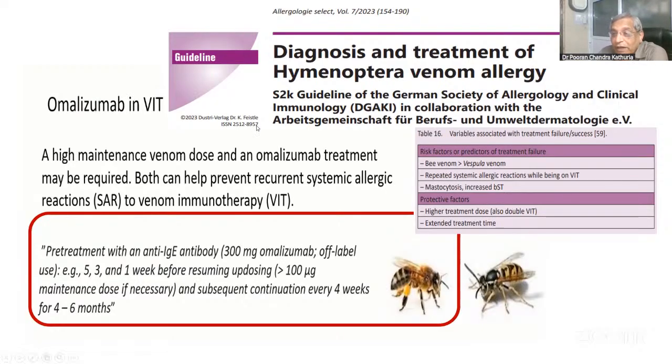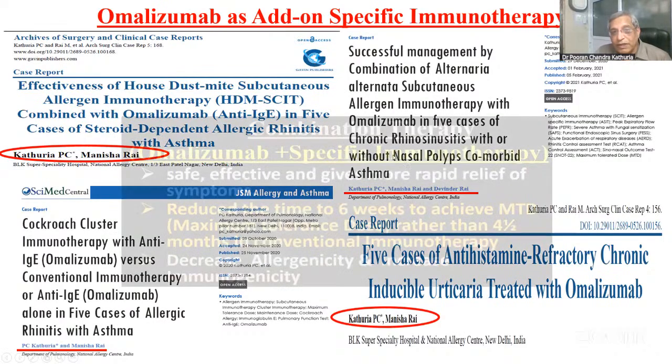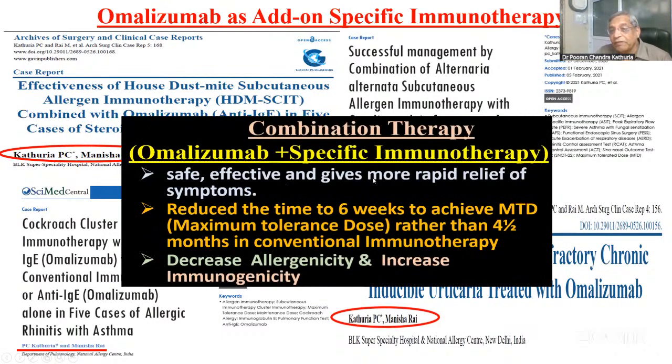If you combine allergen immunotherapy with a biological, adverse events are fewer and one can achieve the 100 microgram dose of venom immunotherapy. We have done a case series combining both, and we found it safe, effective, and giving more rapid relief of the symptoms, with a reduction in the updosing.